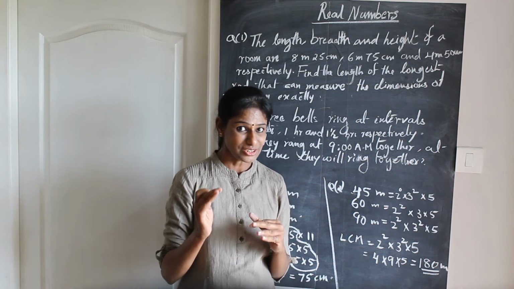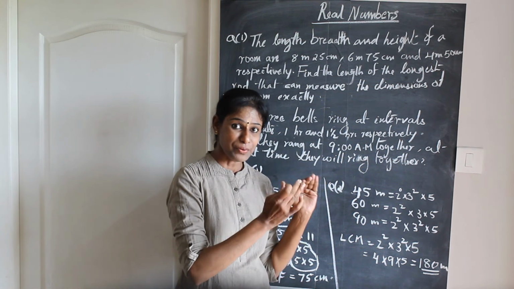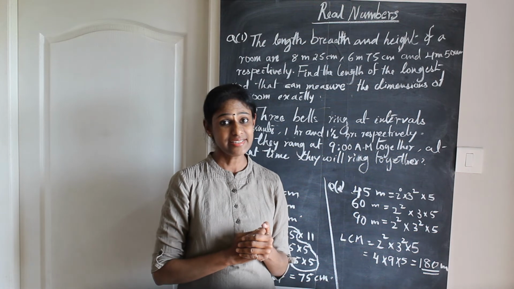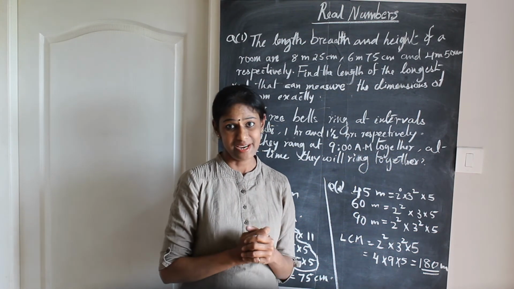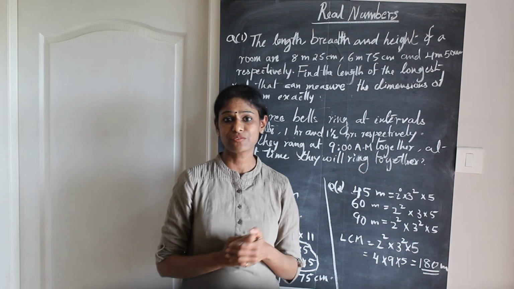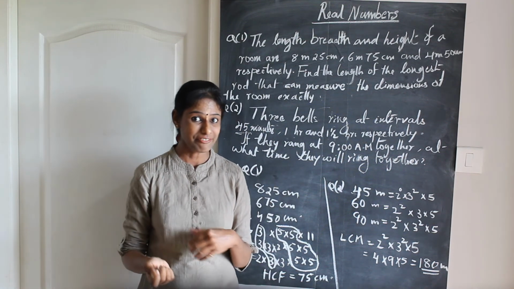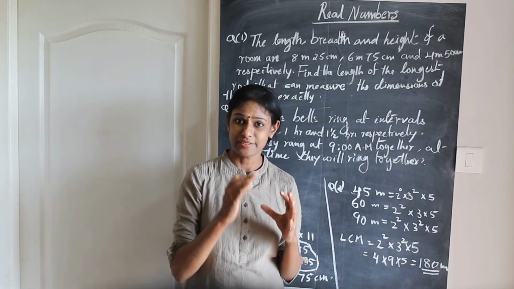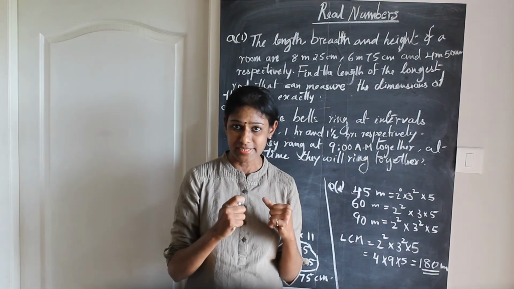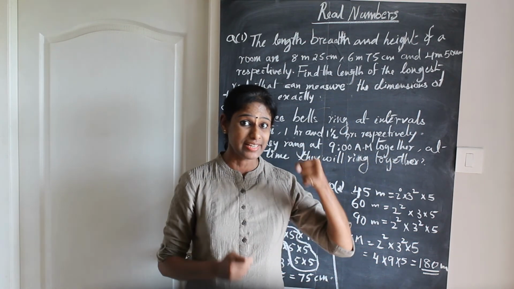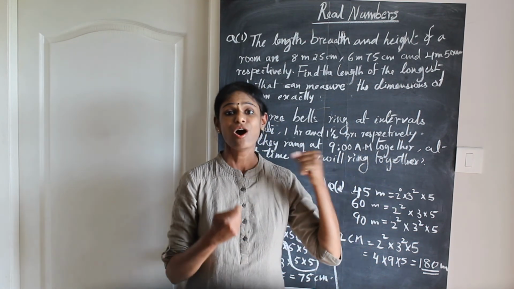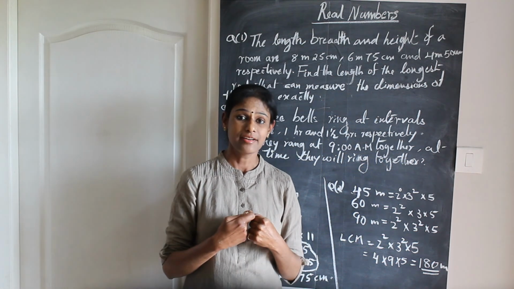Okay, so understood? This is the type of question you will get for finding the LCM of numbers. So these are the types of questions you get from HCF and LCM. First thing, go through the numbers thoroughly and check whether the answer must be greater than the given numbers or lesser than the given numbers.